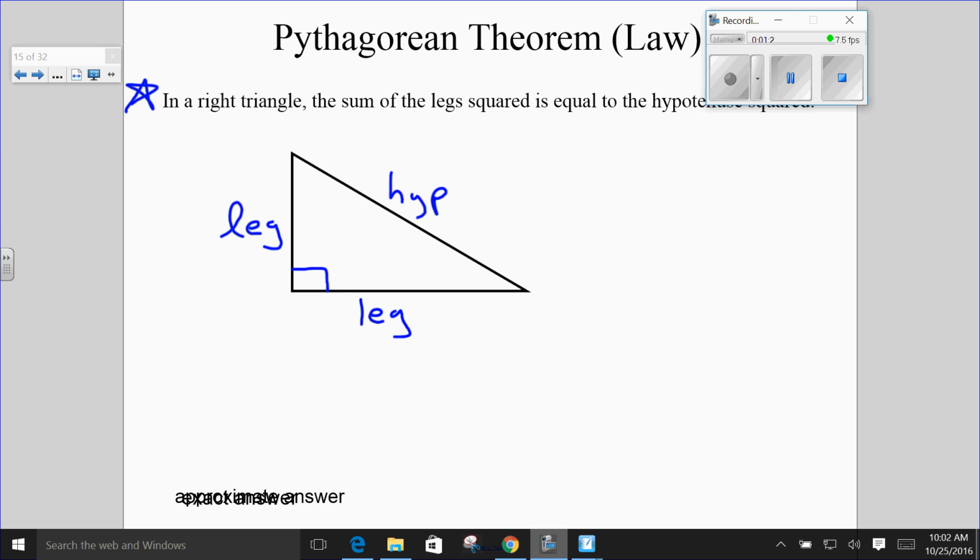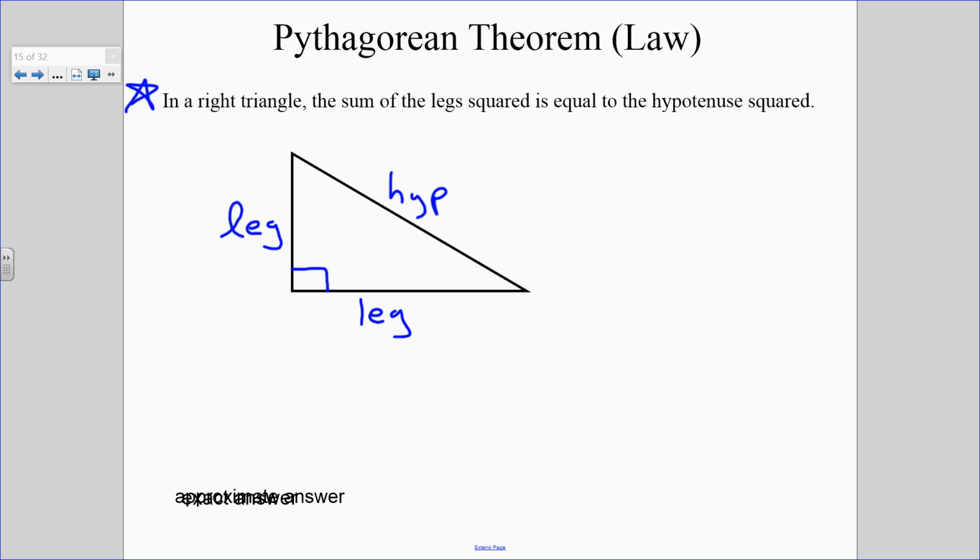Go ahead and draw a right triangle, and go ahead and label the parts. We already know these parts, but go ahead and sketch it just for review.